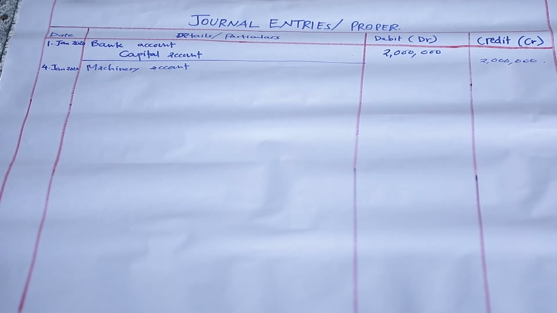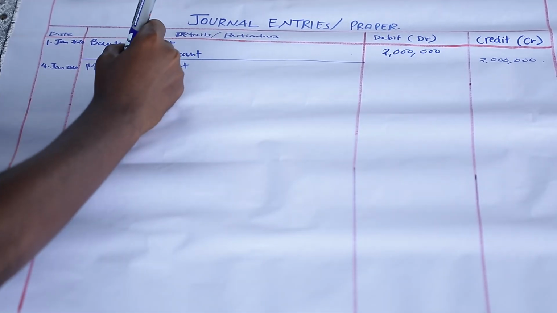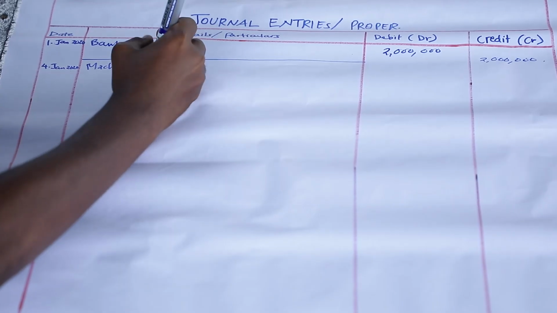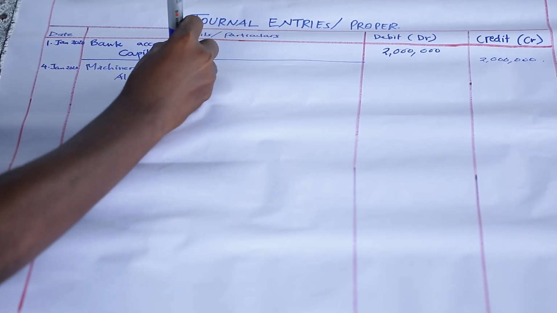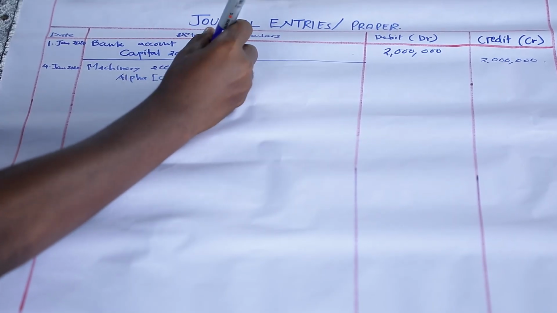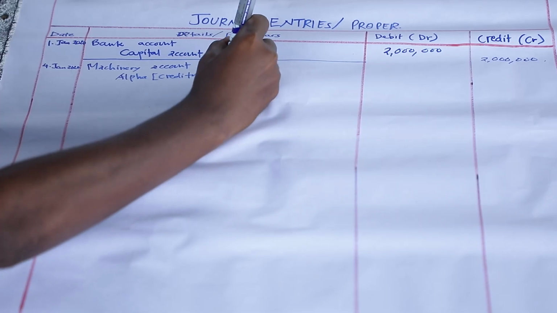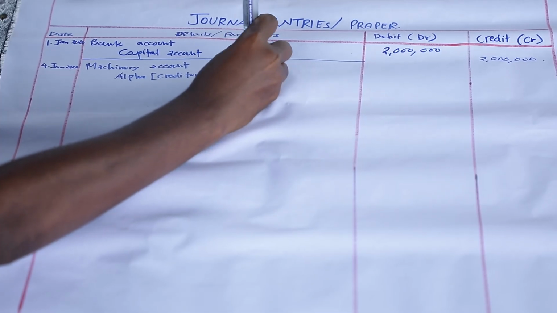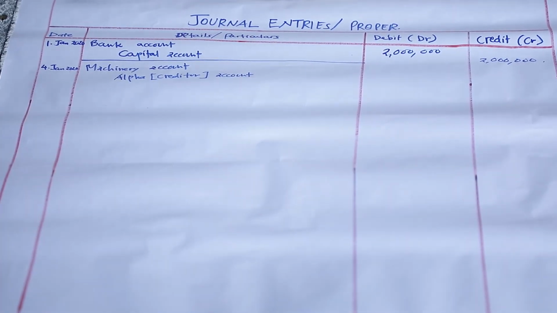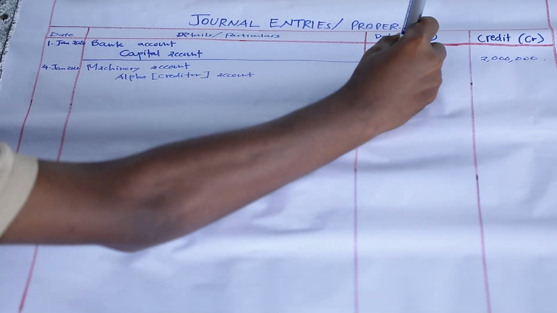So we're going to debit the machinery account, and we're going to credit Alpha account, in brackets creditor account, because Alpha is a creditor and the creditor has a credit nature. So machine is an asset, that's why I've debited it, so it will be 200,000.